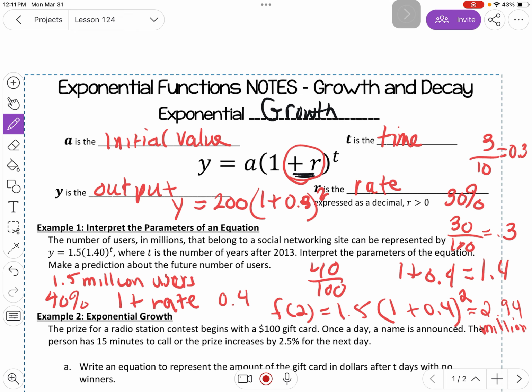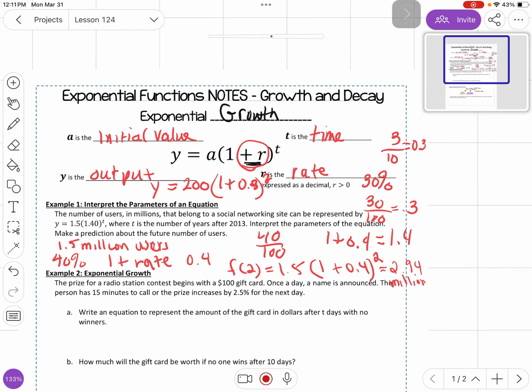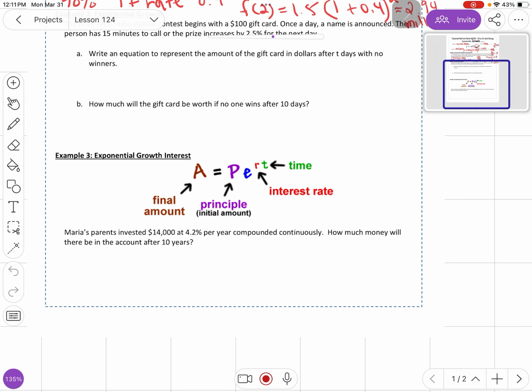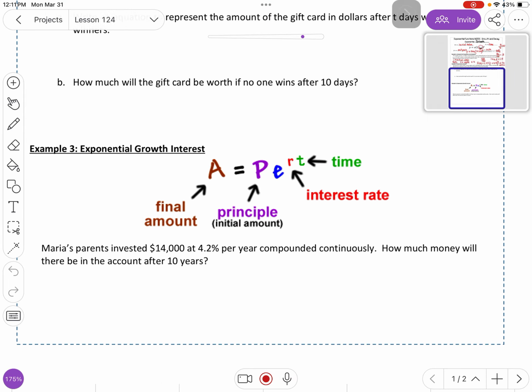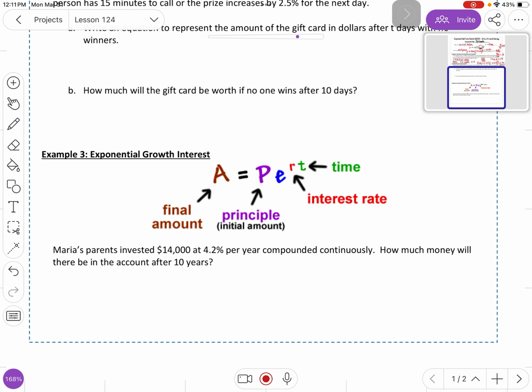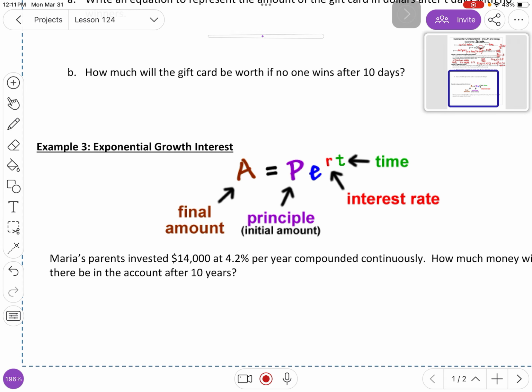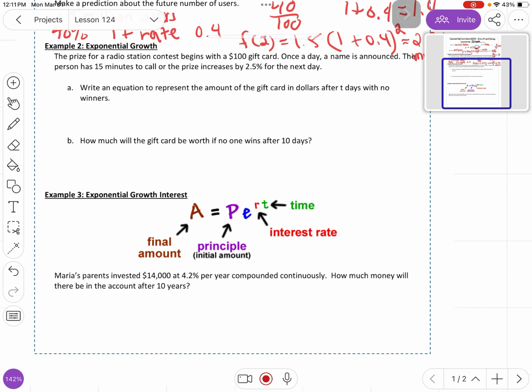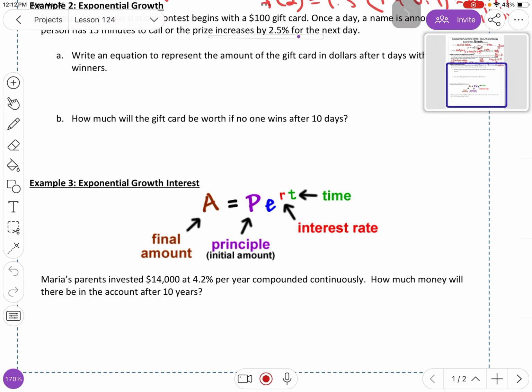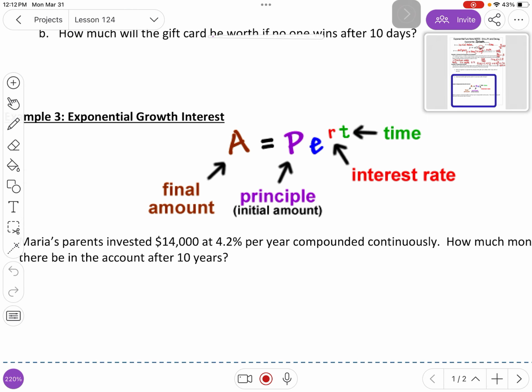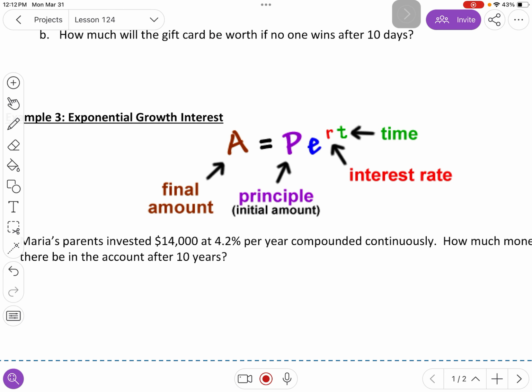Okay, and let me introduce you also to one very special type of growth, which is growth that is done continuously. So if instead of just growing, say, at a yearly rate, we grow at the rate of the smallest unit of time.